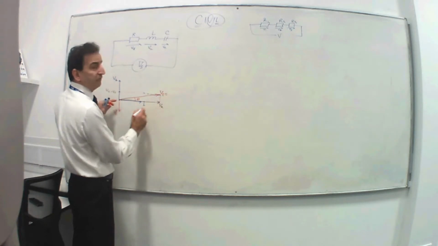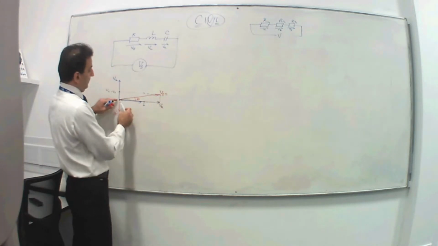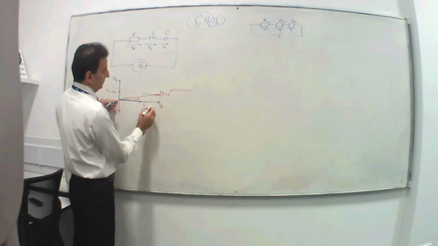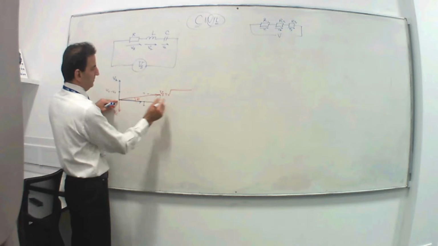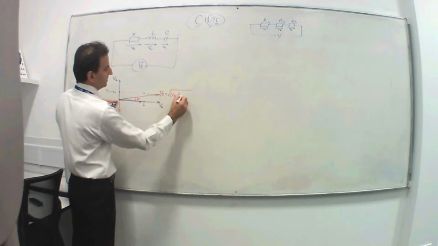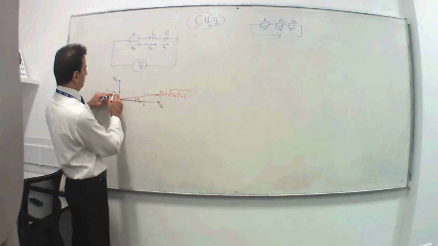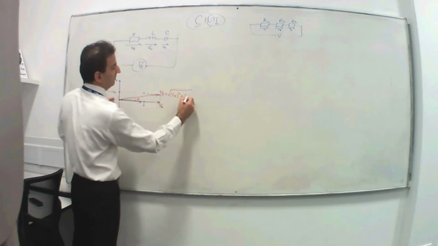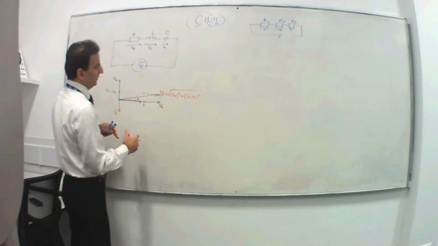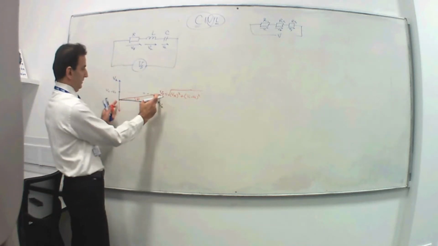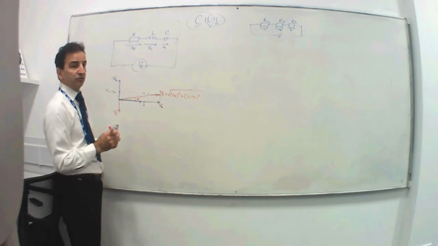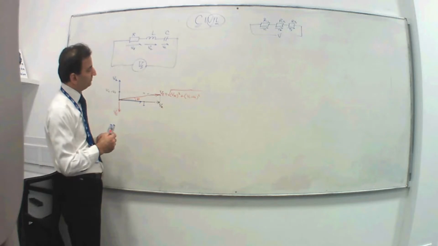So you can write the formula for Vs using Pythagoras as the square root of VR squared plus VR minus VC squared. And that's how you find the amplitude of the voltage of supply.